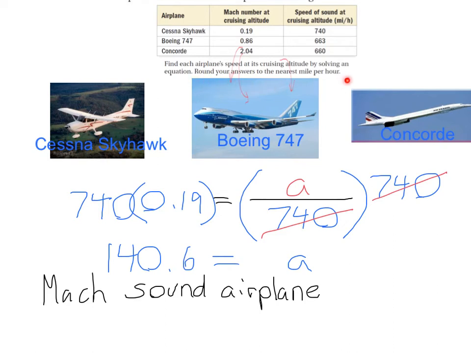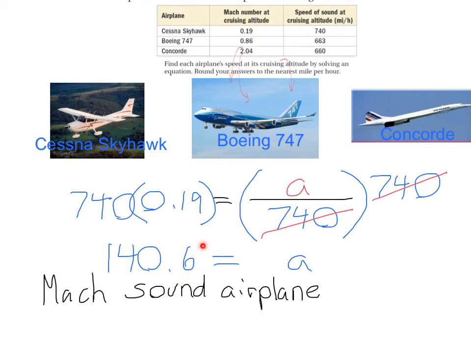It said to round your answer to the nearest mile per hour, which means the nearest whole number. So 140.6, we have to look at this 0 right here and know that that 0, to be rounded accurately, is either going to go up to 1 or stay at 0. Well, what determines that? It's the digit behind it. It's this 0.6. It's the 6/10.